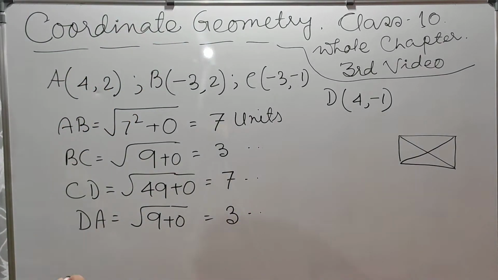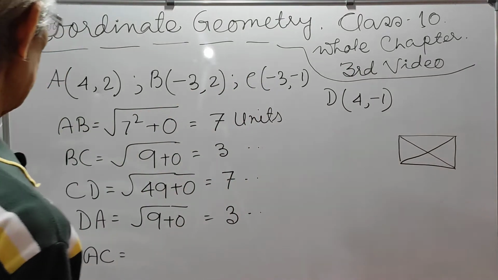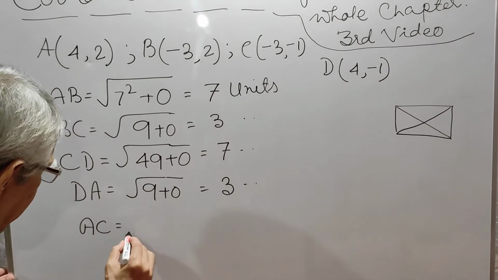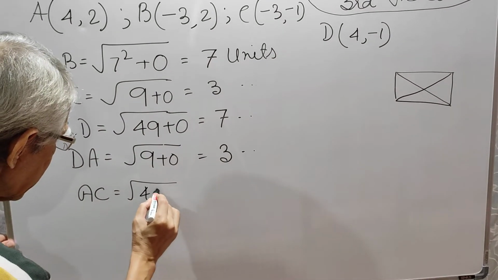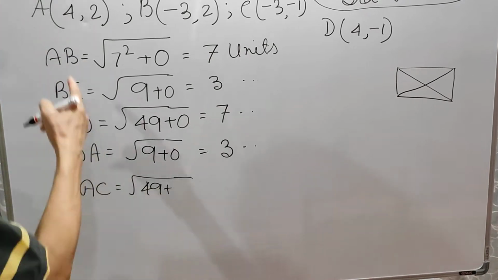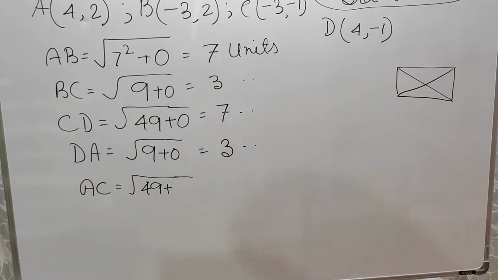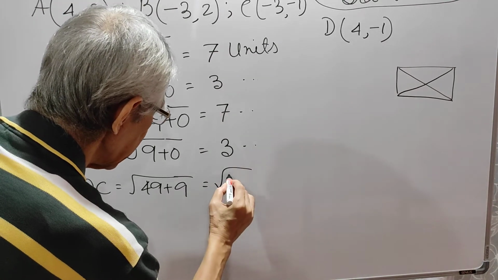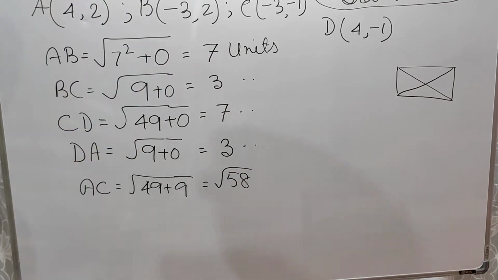Then AC. AC will be 7 squared, 49, plus 9, that means root 58. And then BD.